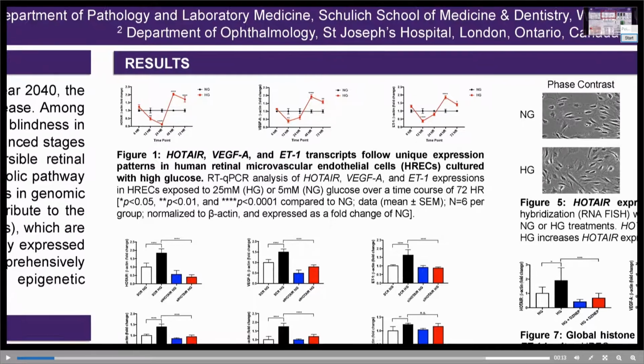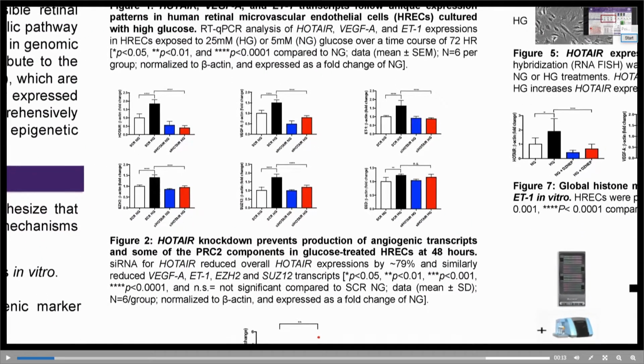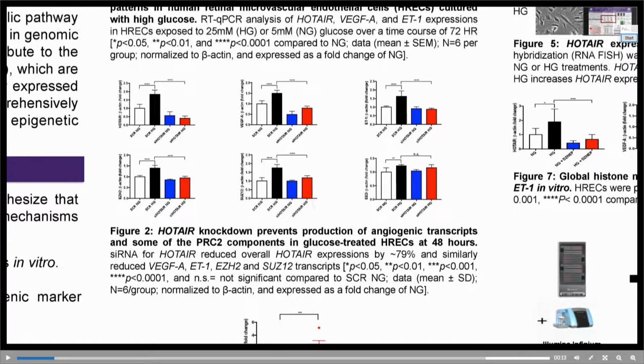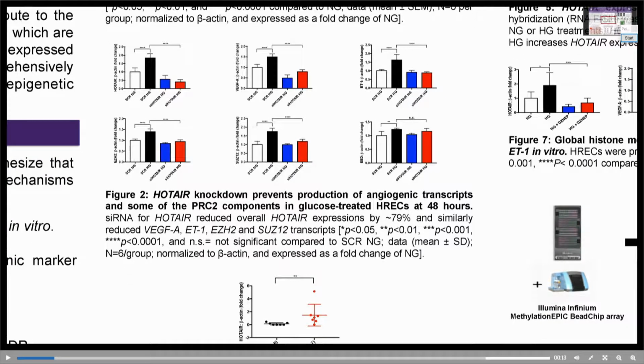Subsequently, for the 48-hour time point, we knocked down HOTAIR using an siRNA, and we found reductions in VEGF, ET1, as well as the components of the PRC2 enzyme. This is looking at it at the RNA level.